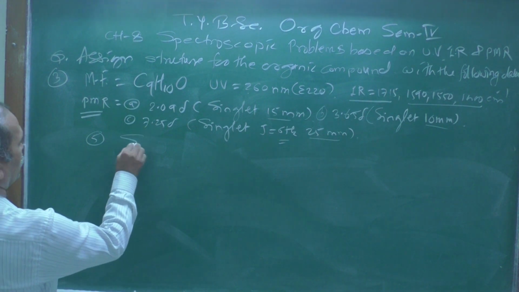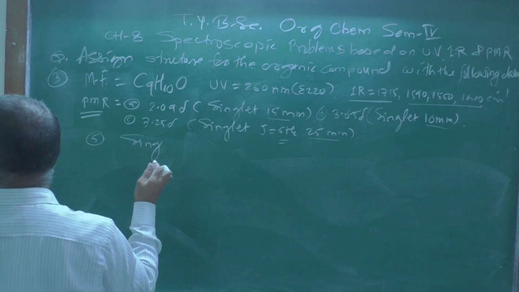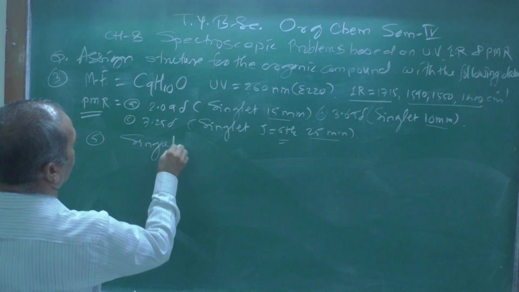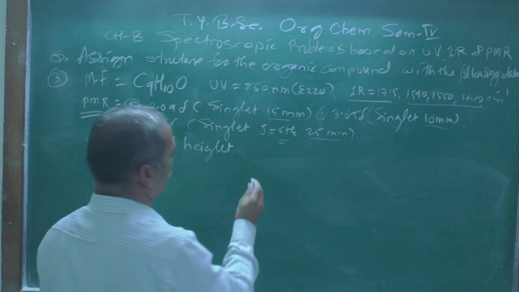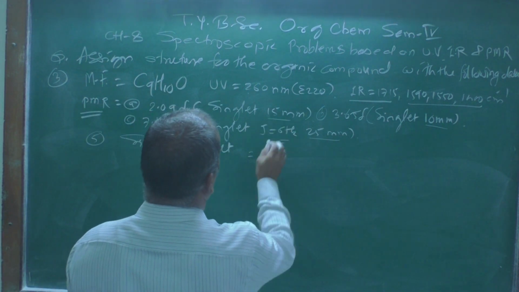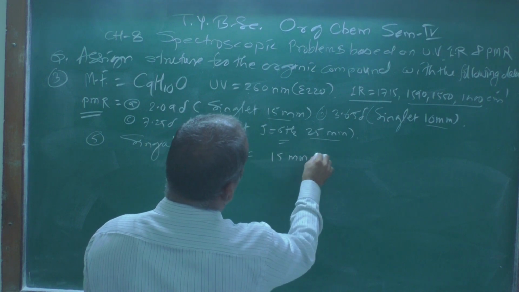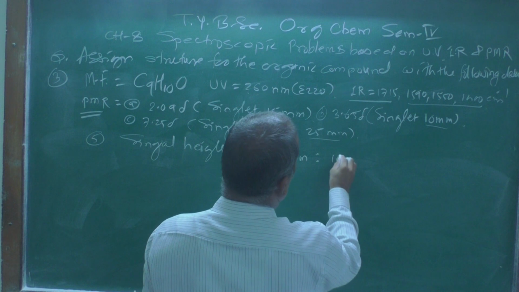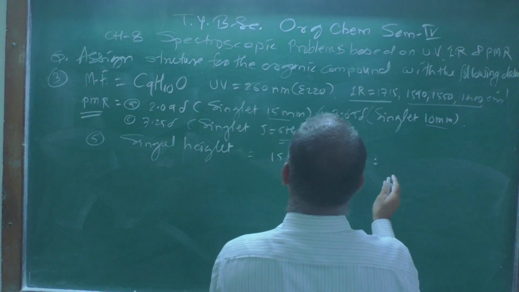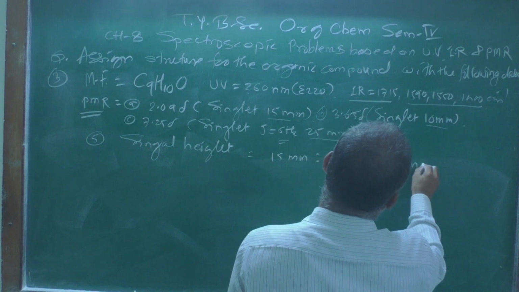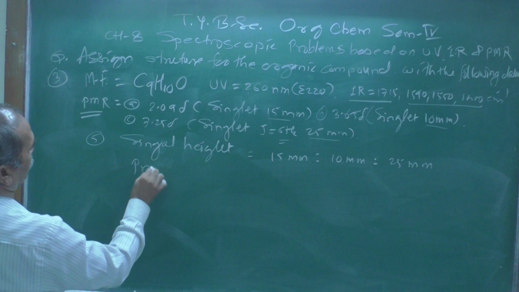The signal heights, meaning integration heights, are here. Remember, here is 15 mm, 10 mm, and 25 mm, and from that you can calculate the proton ratio.